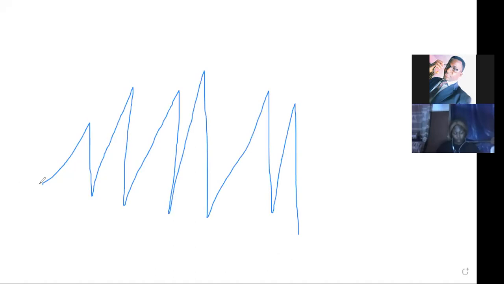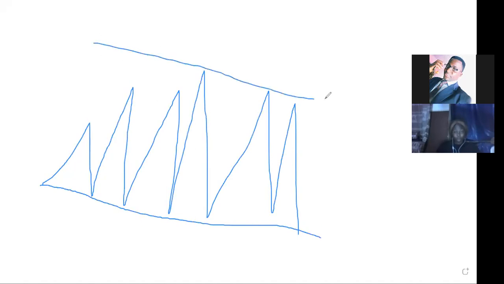So for you to be able to know when the market is moving sideways, like what we have here, something like this, you need to place your trend line alongside. And I told you for your trend line to be valid, you need to have at least 1 to 2 touches on the trend line.